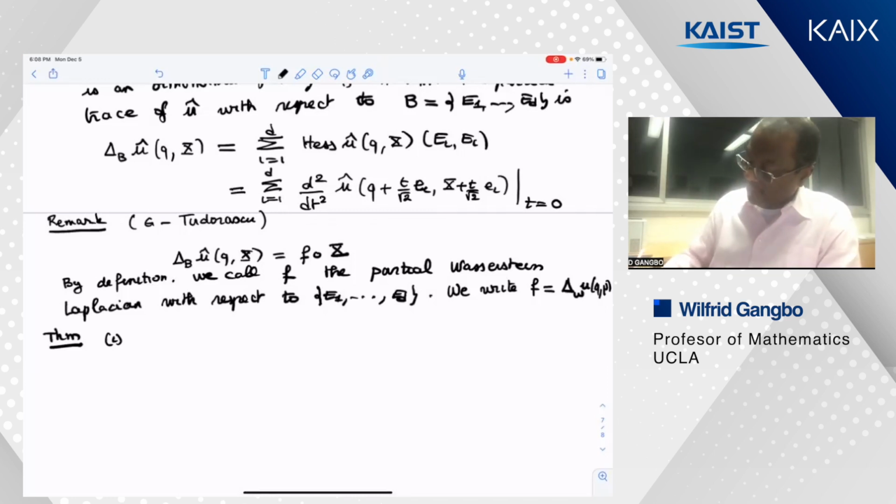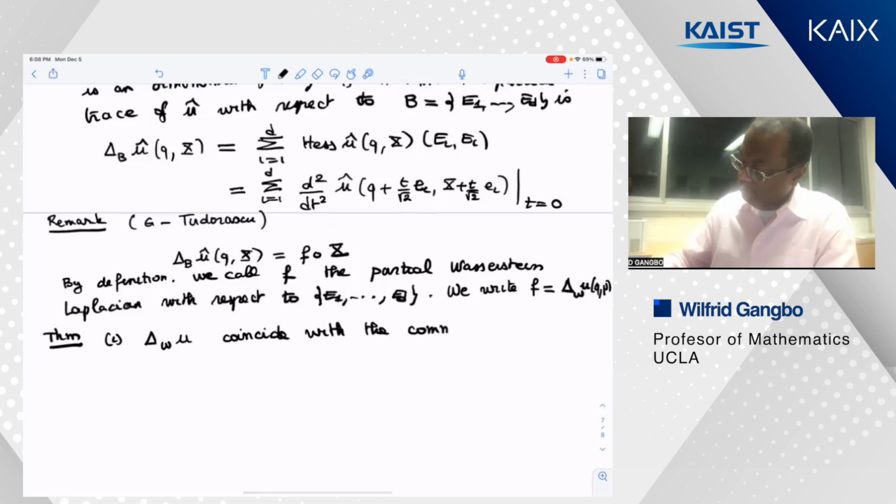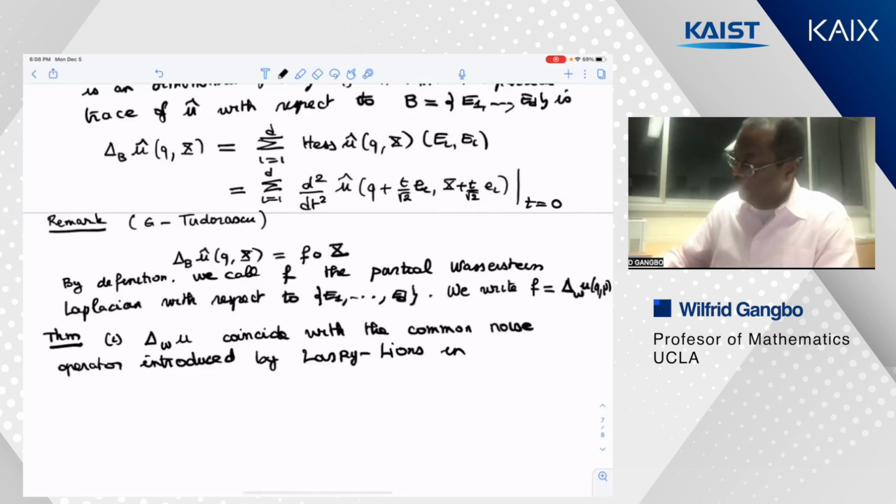The first part: the Wasserstein Laplacian of U coincides with the common noise operator introduced by Lasry and Lions in mean-field games.